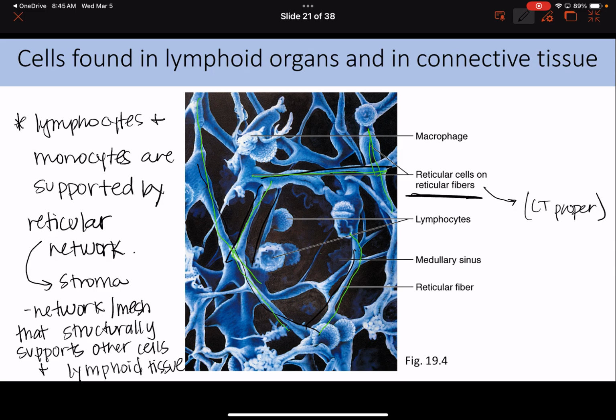Yeah, fibroblasts. So these reticular cells, I know that was a long time ago, they are fibroblast-like. So they very much look like and act like fibroblasts. That's what the stroma is. Well, they're reticular cells, but they're very similar to fibroblasts.